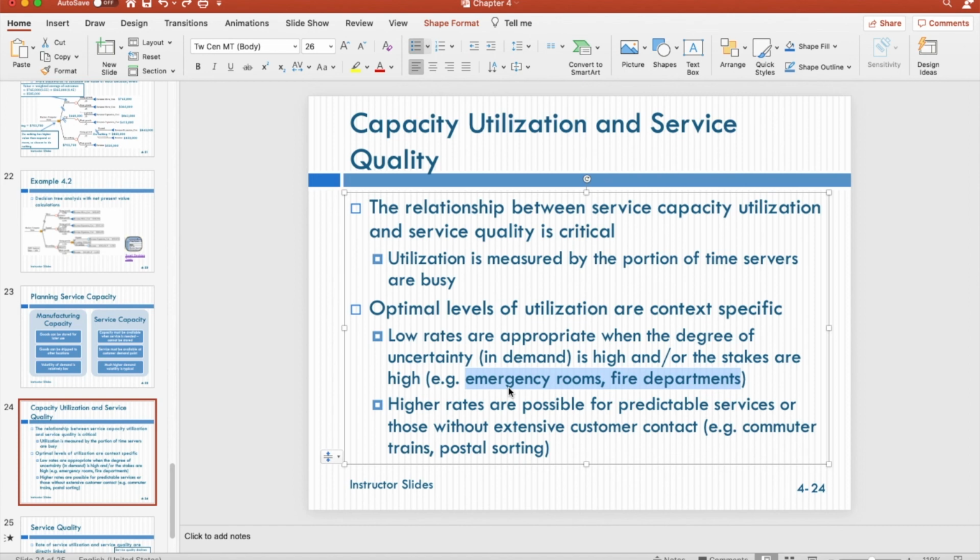But sometimes the optimal level of utilization can be a little bit higher. In what situation? Very simple.